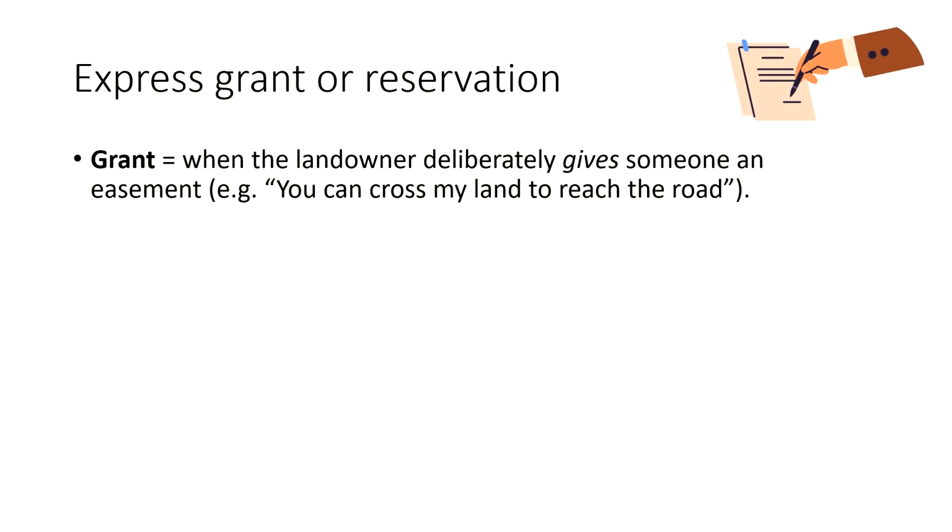So what is a grant? This is where the landowner deliberately gives someone else the easement, so a right to use their own land. So for example, if I have a nice country house with extensive grounds, I could say to my neighbour, look, I will give you the right to cross my land so that you can reach the road, and this is something I'm doing deliberately in this case.